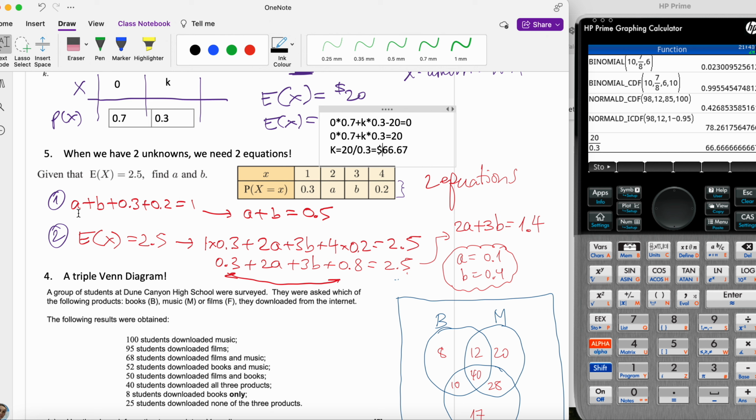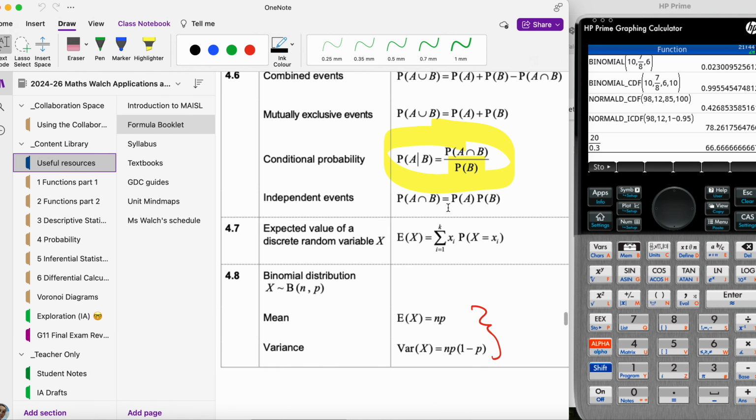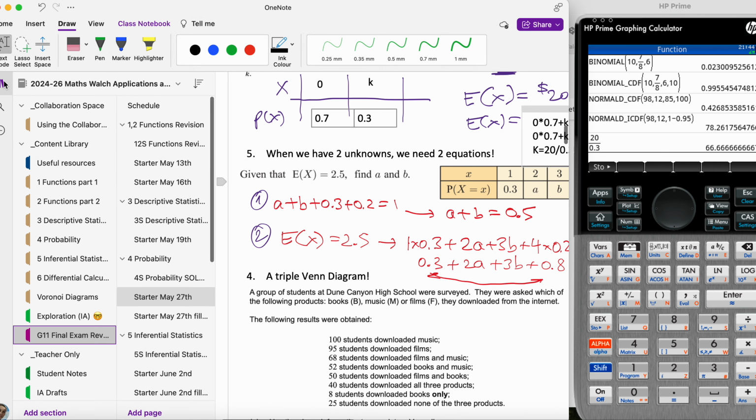So you can easily make an equation: a plus b plus 0.3 plus 0.2 is 1. If you subtract from both sides, a plus b is 0.5. And then another equation you can make is, of course, the expected value. So remember the formula I just showed you. That's going to be the sum of each x times its probability.